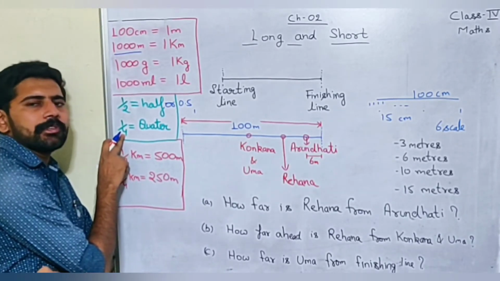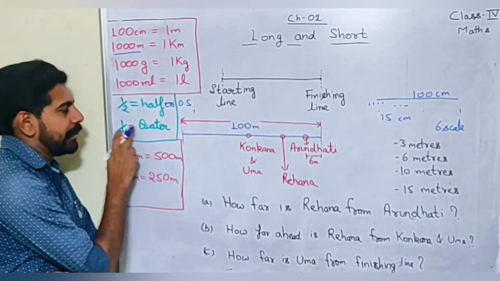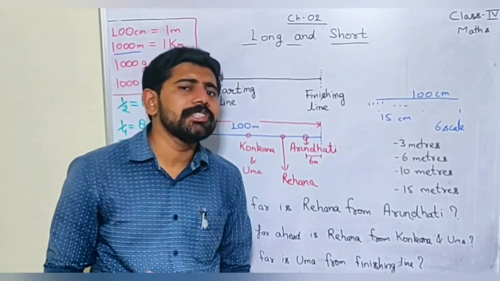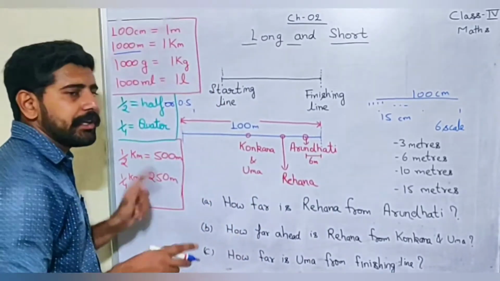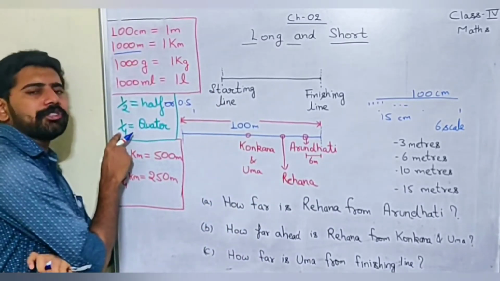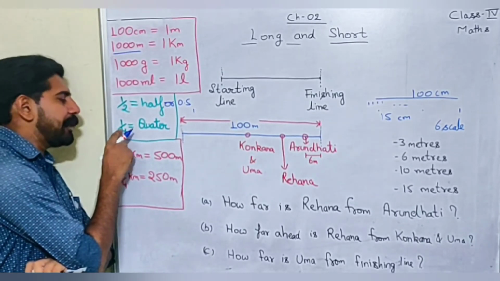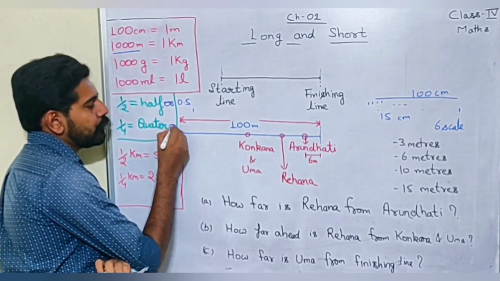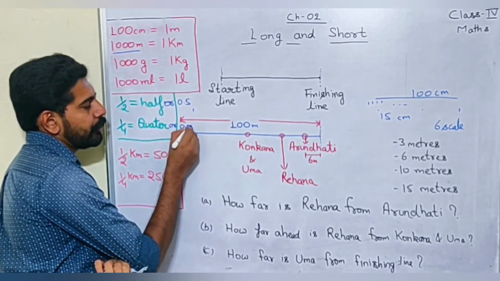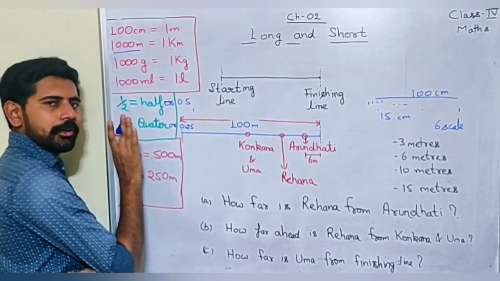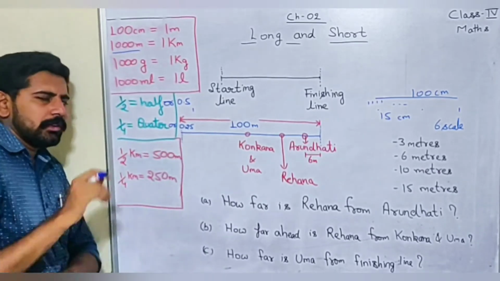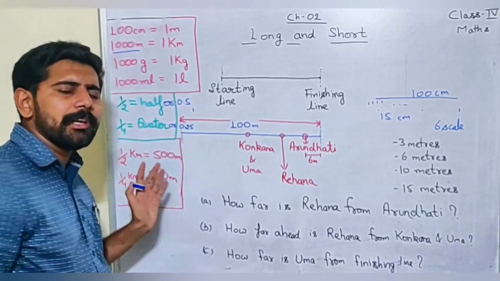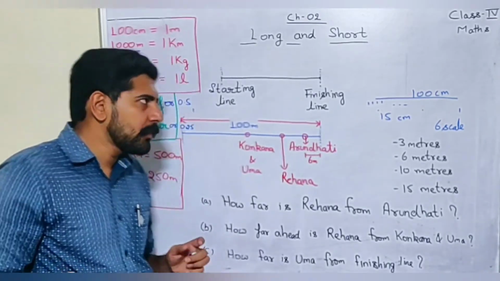And if someone is asking about a quarter, it is not this quarter, our house quarter. No, this is not that quarter. It is 1 by 4th part of something. That means we can also use 0.25 for it.